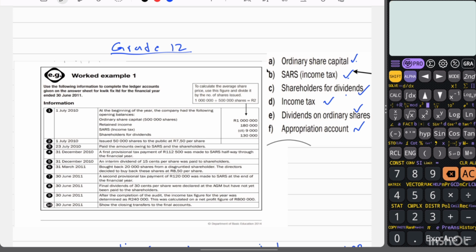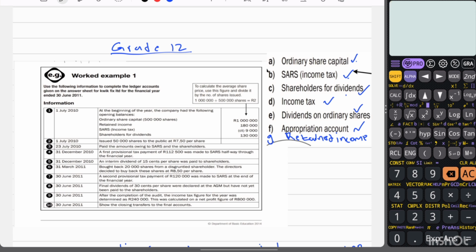I think they left something here. Number G, they left the retained income. We must also prepare the retained income.